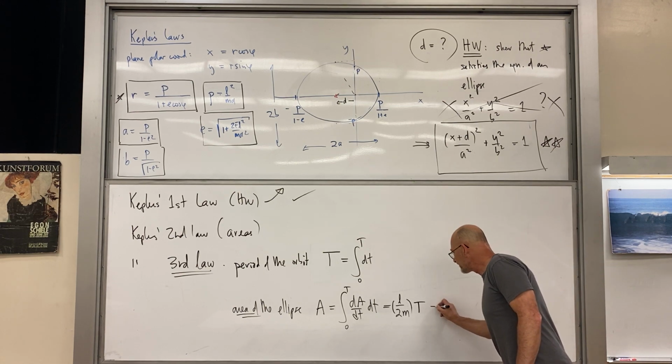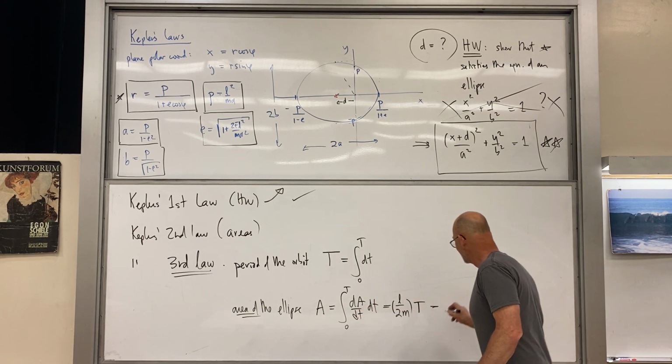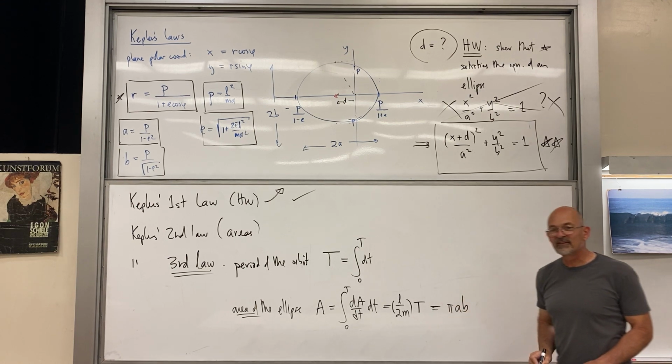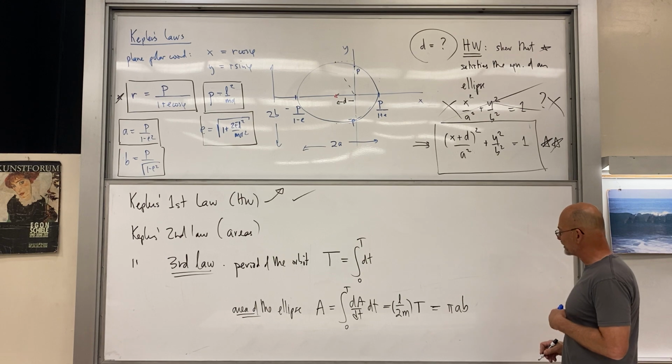This, on the other hand, is pi times a times b, that's the area of an ellipse.